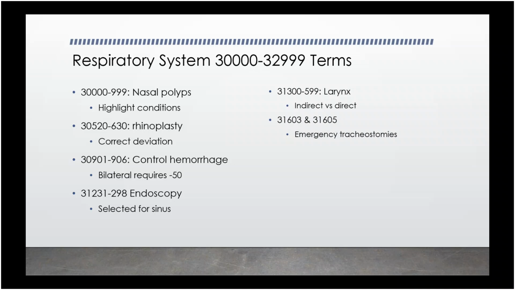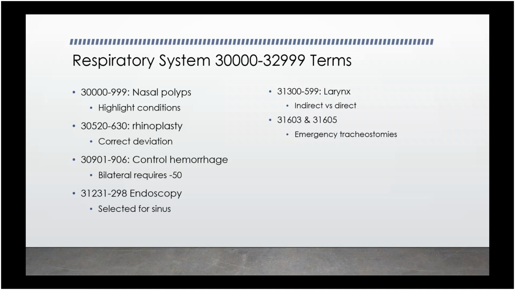31,231 through 31,298 are endoscopies. They're going to be selected based on the sinus that they are using the endoscopy for. 31,300 through 31,599, that's your larynx. It's either going to be indirect or direct, so pay close attention to that type. So again, when you are reading your coding scenarios, it's on the computer, it's not on paper.